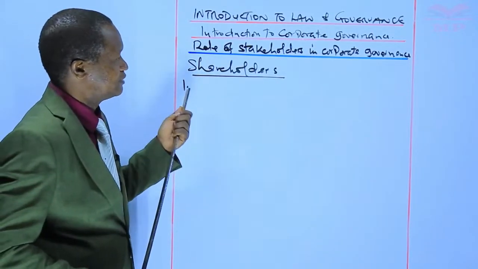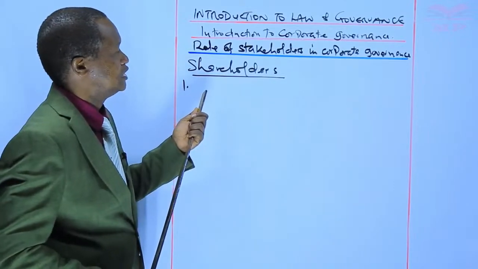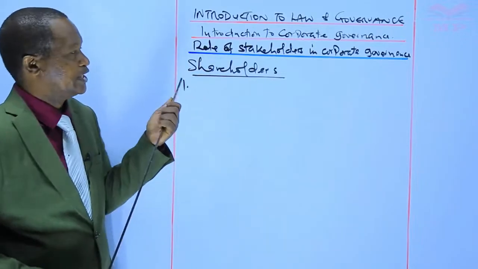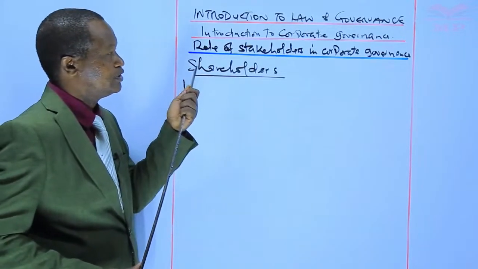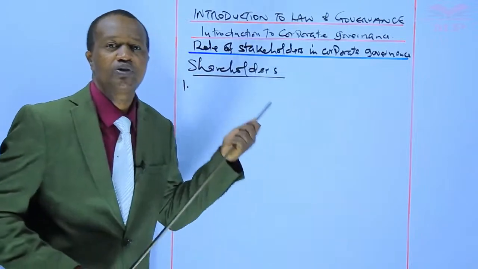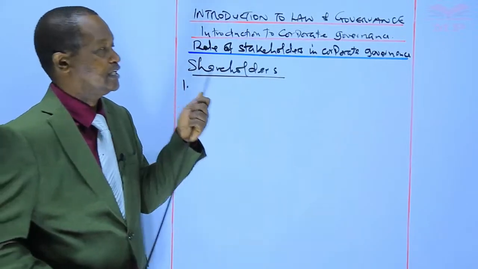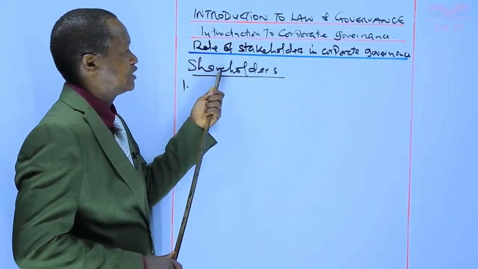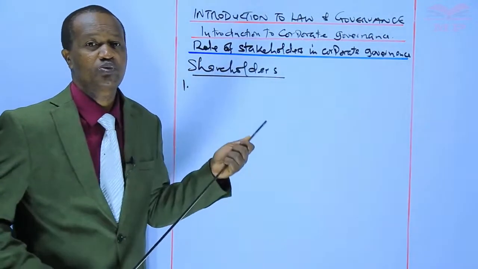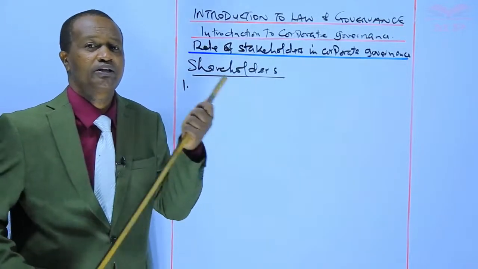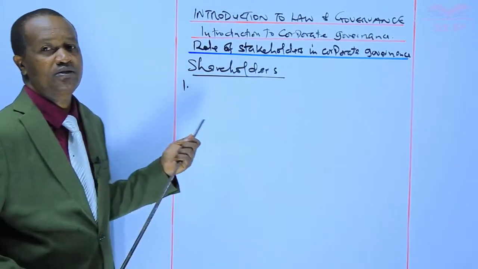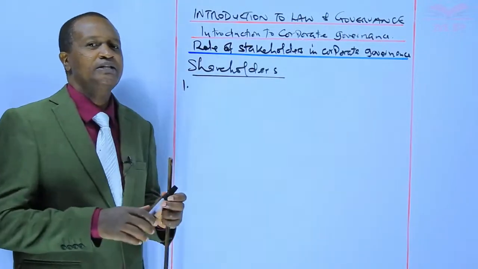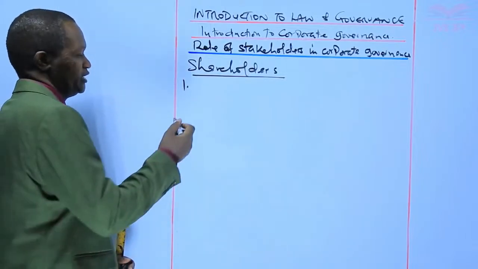That is the first important role of the shareholders, to appoint the board of directors. And when appointing the board, it should comprise individuals who are competent and reliable. So when appointing the directors, the shareholders ought to ensure that the individuals they are putting in office are people who will discharge their functions as required. They ensure that only competent and reliable persons are appointed.